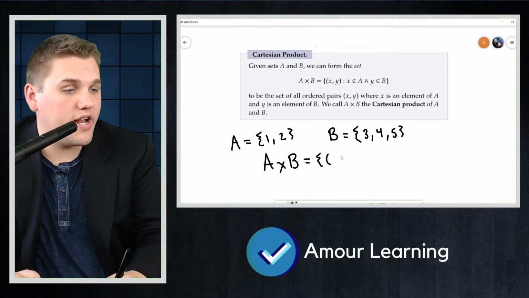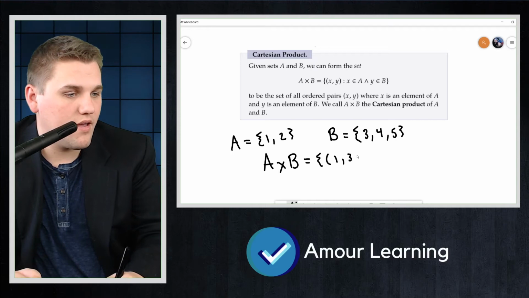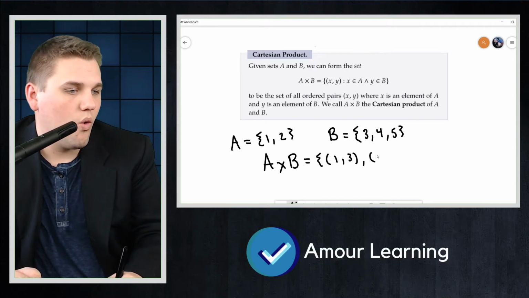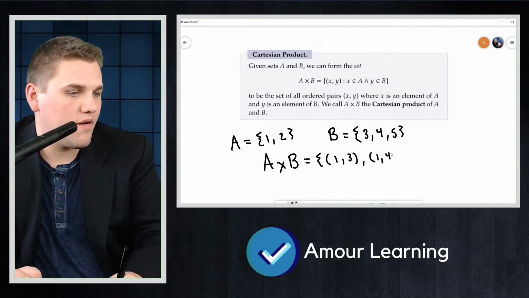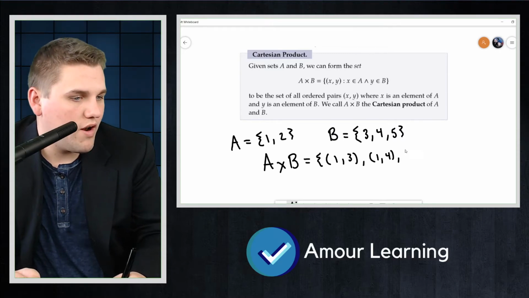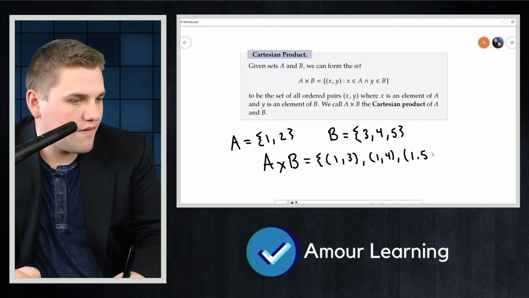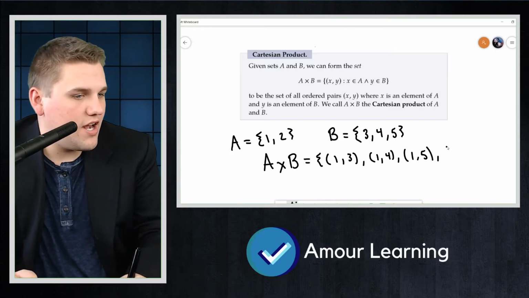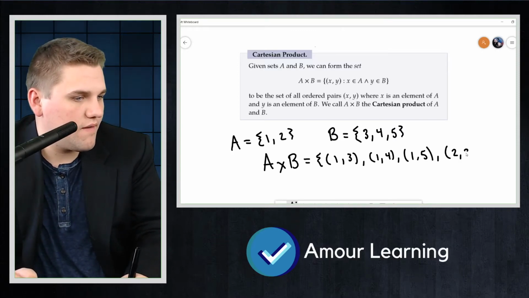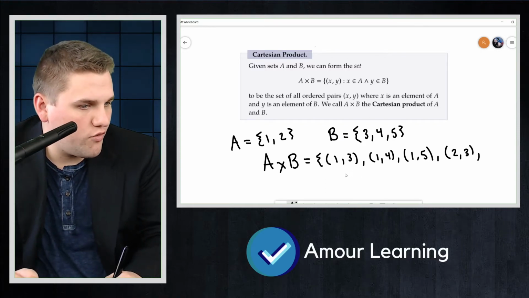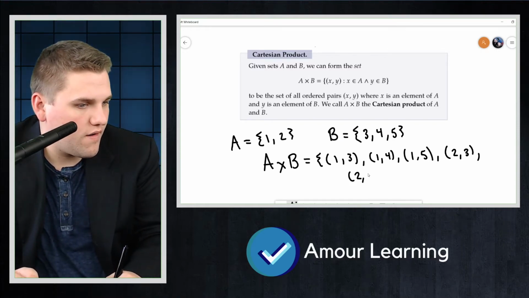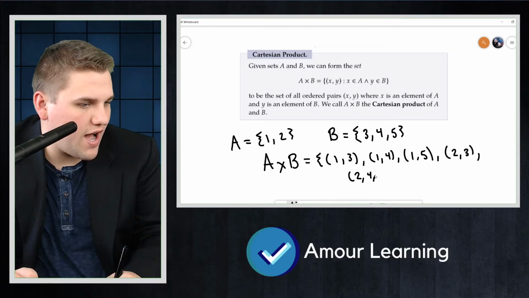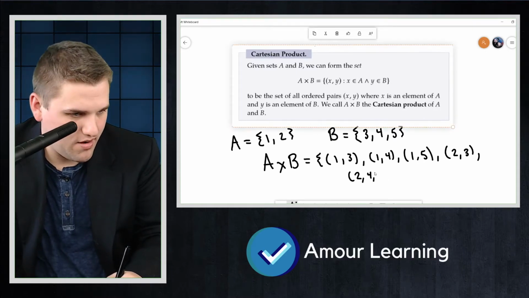The points that you get in A cross B is the set of coordinates (1, 3), (1, 4), (1, 5), and then (2, 3), (2, 4), and (2, 5).